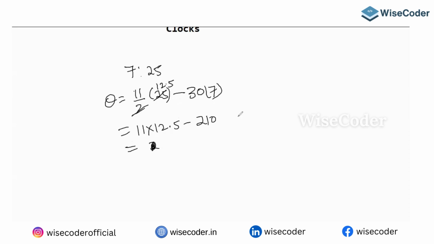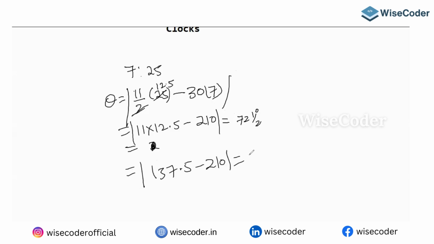Please multiply and tell me what is 11 into 12.5. You are going to get 137.5 minus 210. So you will end up with 72 and a half degrees. 72 1 by 2 degrees.